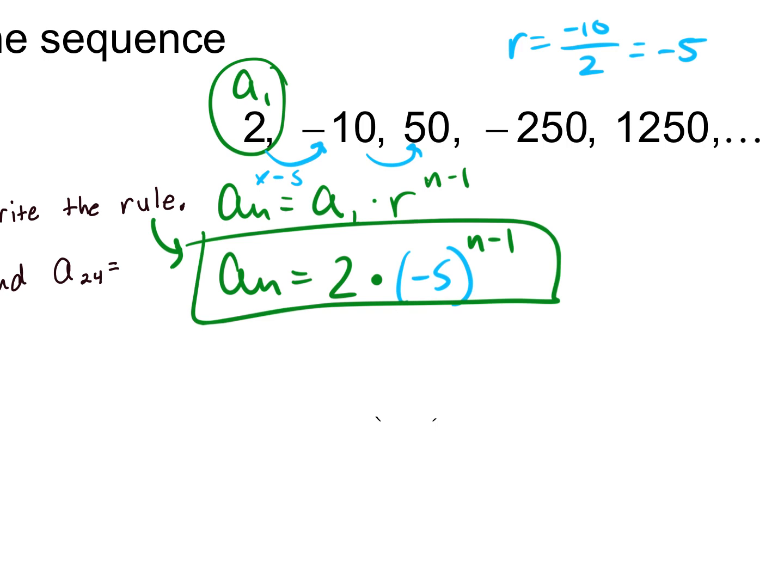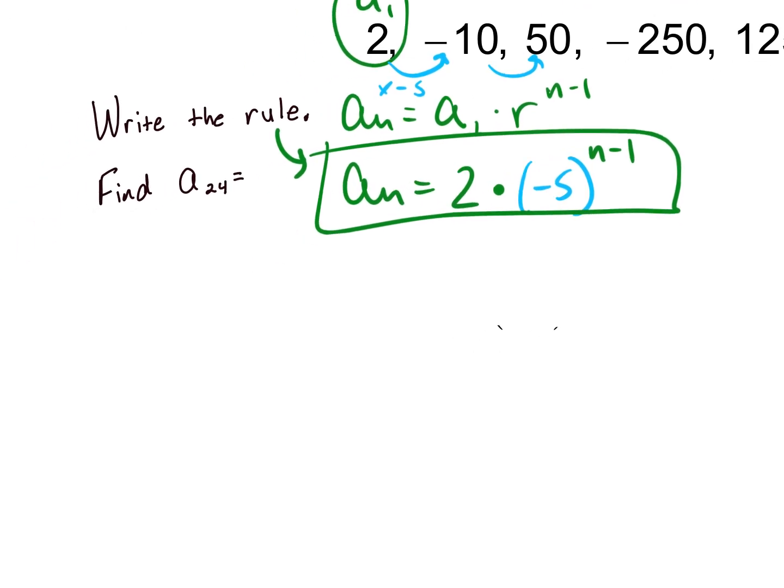Now, if your ratio has a negative number or negative attached to the number, make sure you put it in parentheses, especially when you put it in the calculator, because it will give you a different answer if you don't put parentheses. Next, we want to find our 24th term, so we're going to plug 24 into our rule. A sub 24 is equal to 2 times -5 to the power of 24 minus 1.